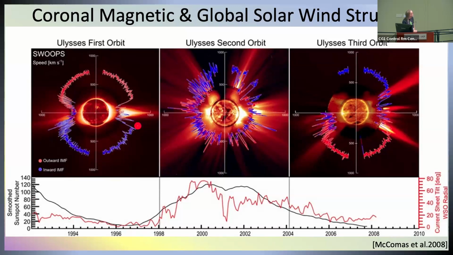And so these are very well separated. If we all remember from first semester E&M, if you've got oppositely directed fields out here, then there's got to be a current sheet in between them. And that's the heliospheric current sheet. During solar minimum, the heliospheric current sheet is just flat, extending out of these streamer regions.